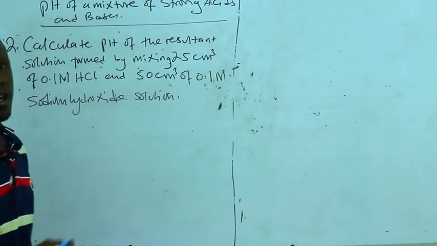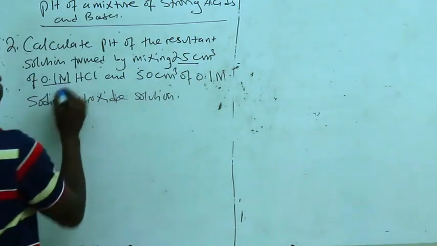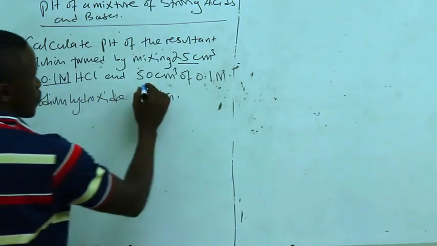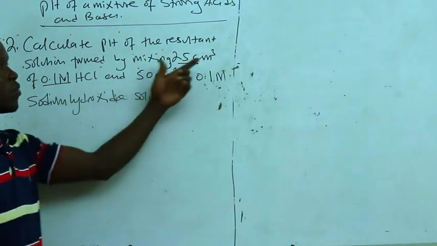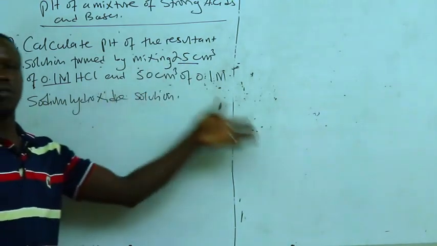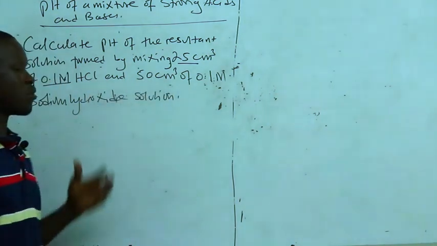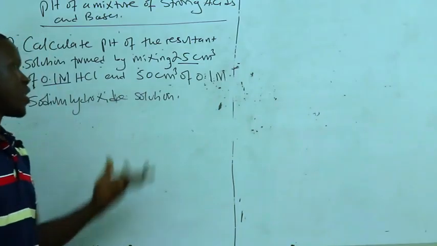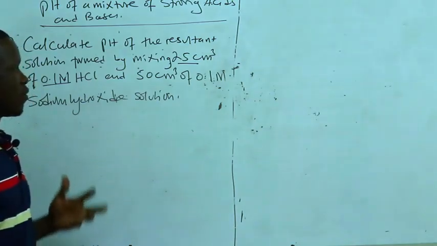here you will have 25 of 0.1, you calculate the moles of HCl. Then you also calculate the moles of sodium hydroxide. But after calculating the moles of HCl, calculate the moles of the hydrogen ions. After calculating moles of sodium hydroxide, also calculate the moles of the OH ions. When you compare, you see that the hydroxyl amount will be greater than the hydrogen ions.